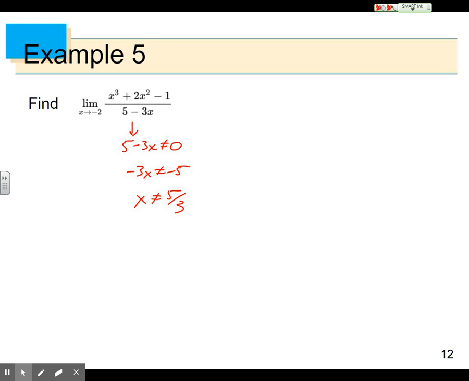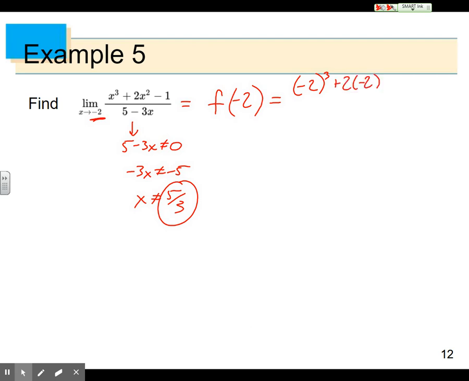It is going to be defined everywhere except for 5/3. That does not include this -2 right here. So this is a continuous function, meaning that whatever this limit is as x approaches -2 of this whole function is the same as f of -2.